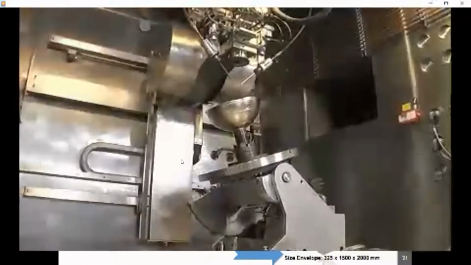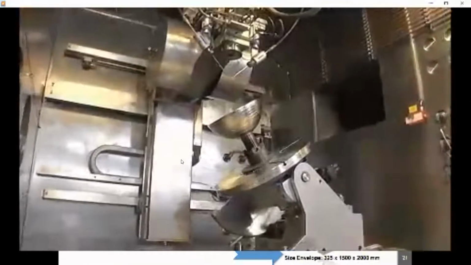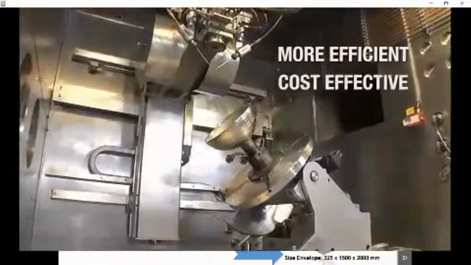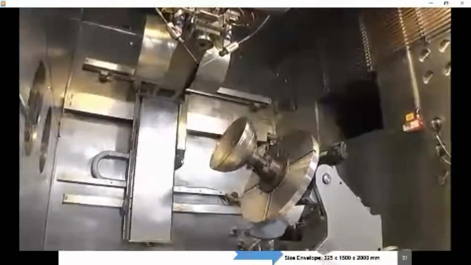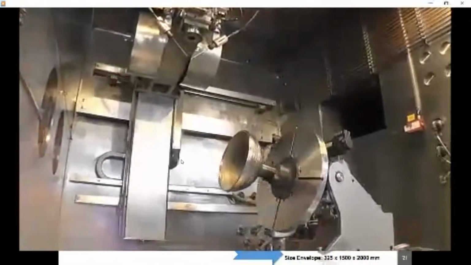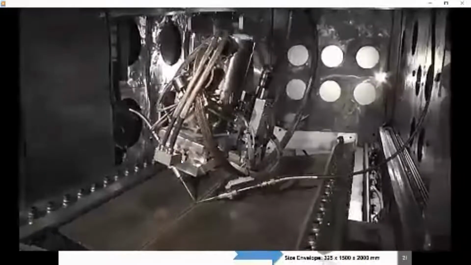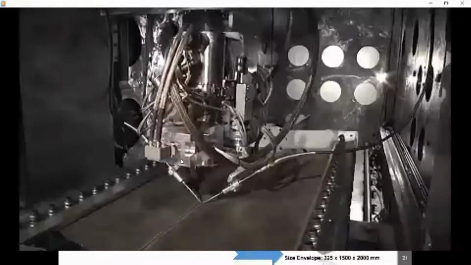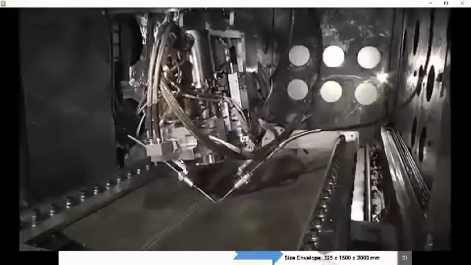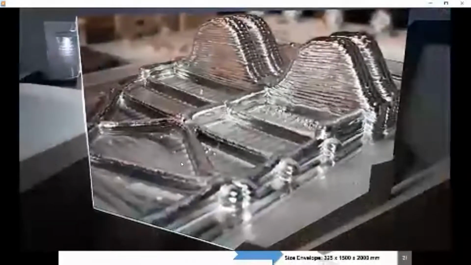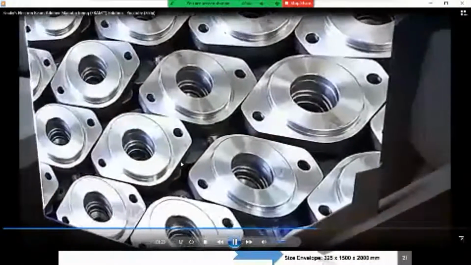Deposition rates can range from 7 to 20 pounds of metal per hour, which is significantly more efficient and cost-effective than selective laser sintering processes that utilize messy powders. In addition, a dual wire feed system can be utilized with the EBAM process to increase deposition efficiency, as well as to easily switch to different deposition materials. So whether you need to produce a functional prototype or a run of production parts, the possibilities are virtually endless.